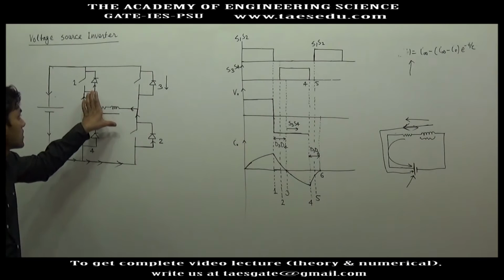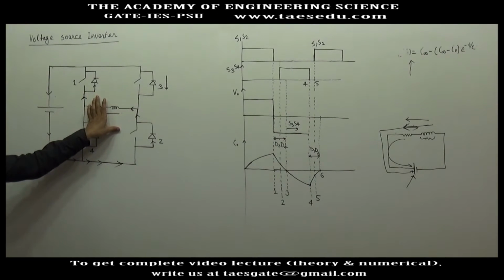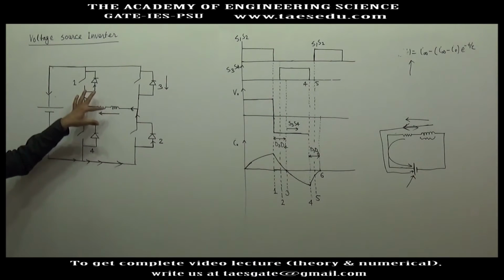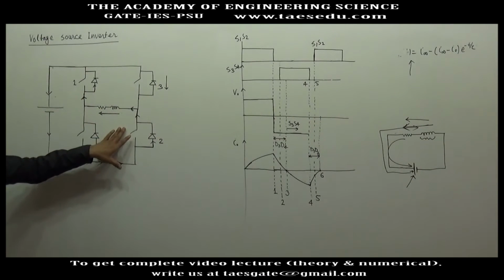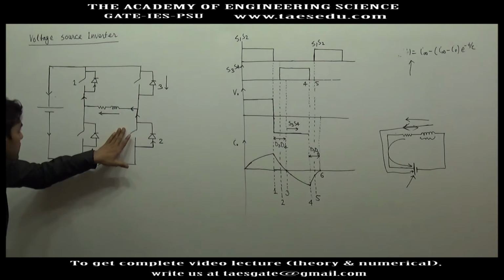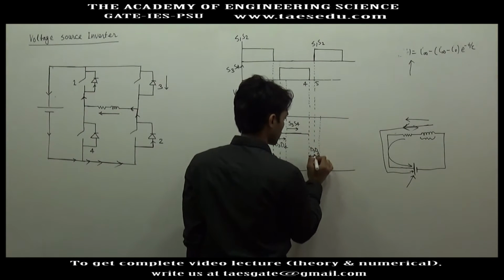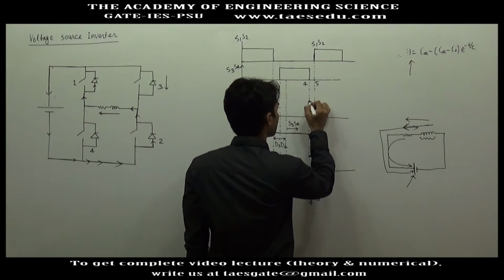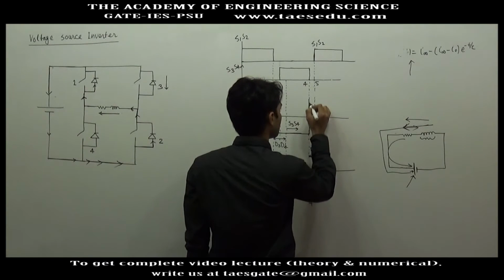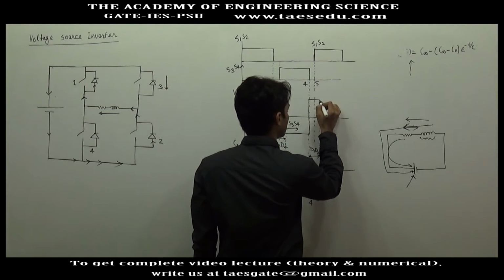In both cases, the positive leg will conduct, and if positive leg conducts, output voltage will be positive VDC. So if D1 and D2 are conducting, output voltage will be positive VDC.